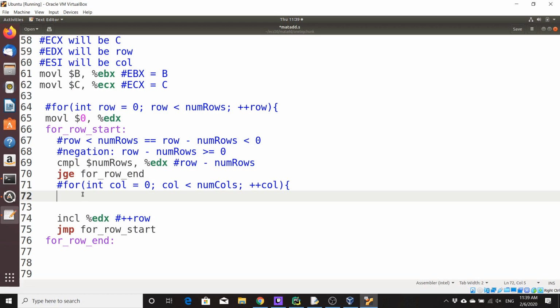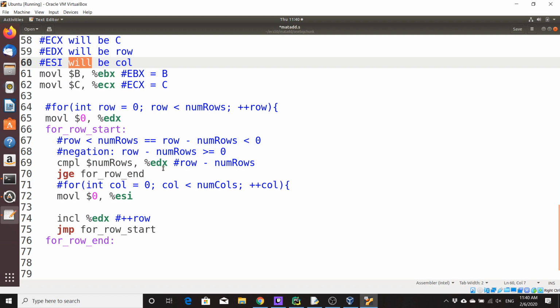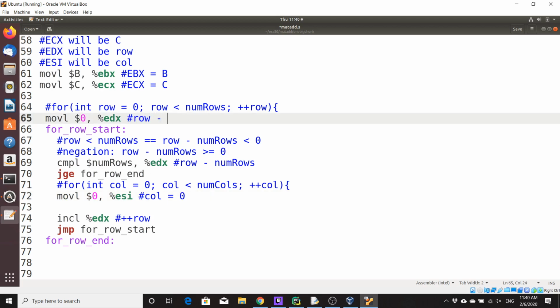Does anybody need it bigger? You're good? Okay. Movl $0 to, oops, $0 to %ESI, right? As ESI is going to be call. This over here is the call equals 0 line. And this line over here was the row equals 0 line.